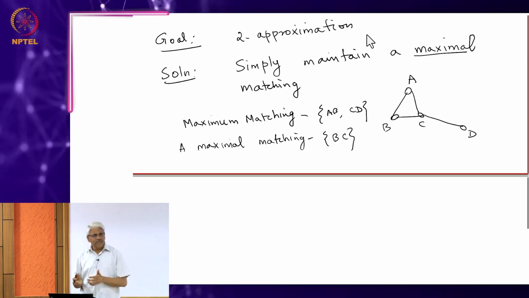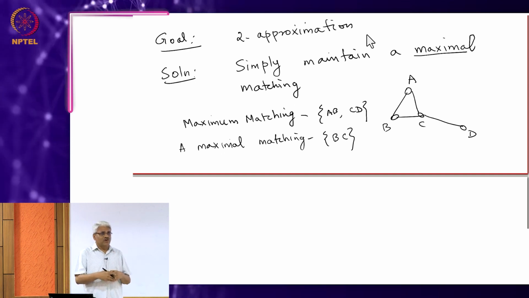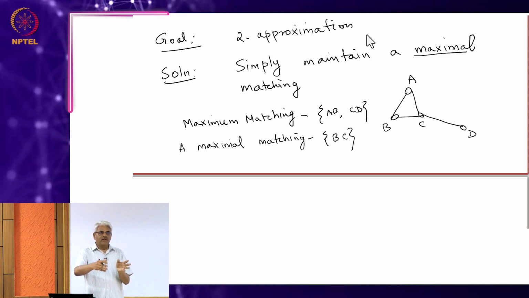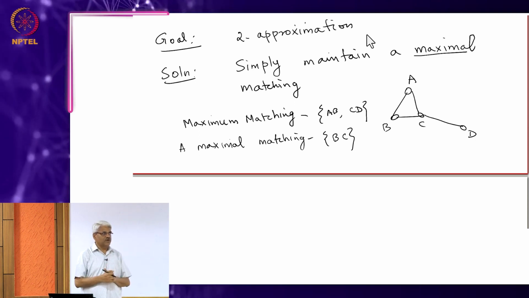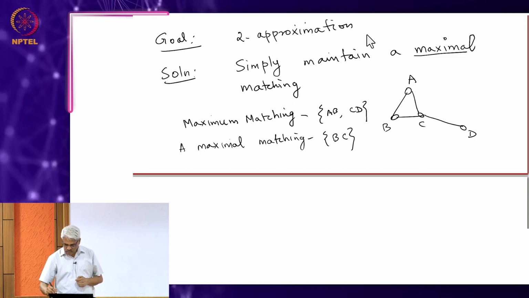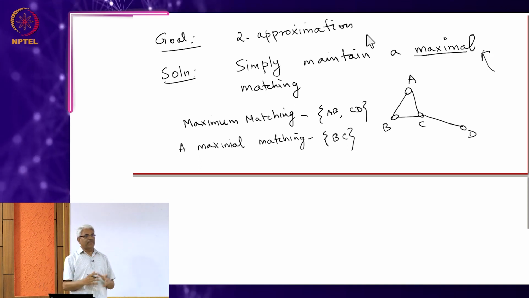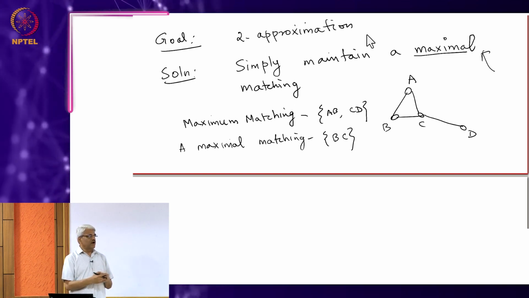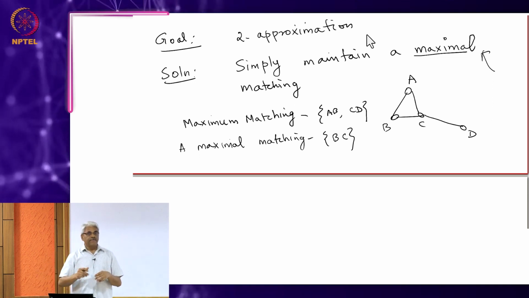Now, anything maximal is in general relatively easy to do because you can just do some greedy approach. I just go and collect something, and if I can extend it, I do, otherwise I can't, and it's a maximal matching. So, anything maximal is easy. Do you see that in the streaming world, if I want to maintain a maximal matching, it's fairly easy, right? Let's say I maintain a maximal matching, an edge is coming.